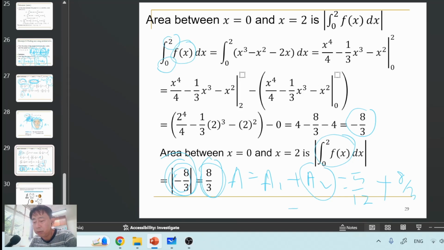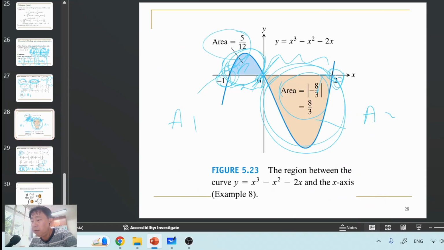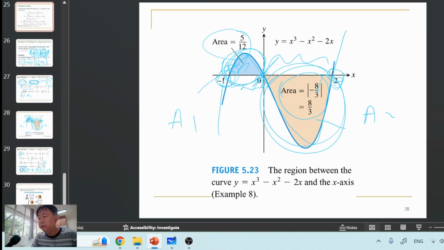So you add up these, and it will give you the value of the area for the function x cubed minus x squared minus 2x. That is the example of how to calculate the area of the function.